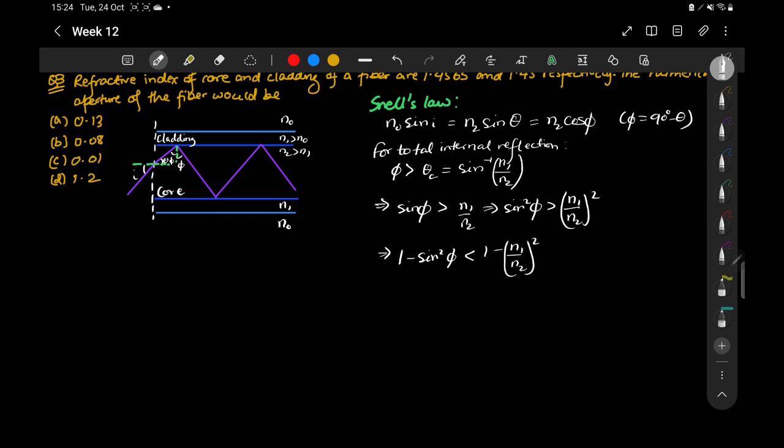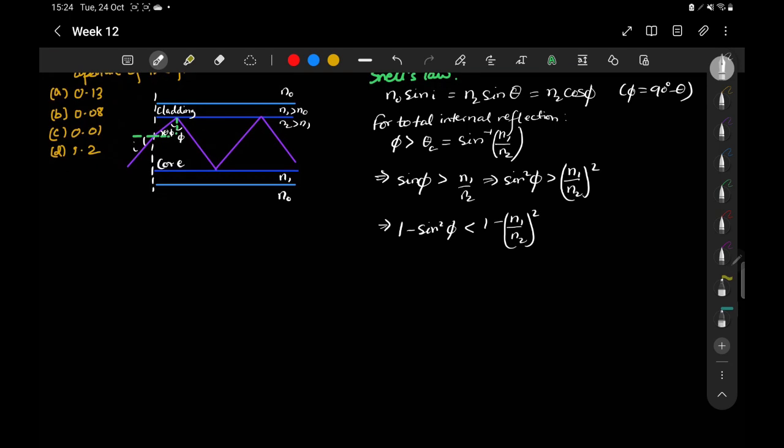When you multiply with the minus sign, the sign of the greater than or less than changes. And 1 minus sine squared phi is nothing but cos squared phi, so that means cos squared phi should be less than 1 minus n1 over n2 squared.